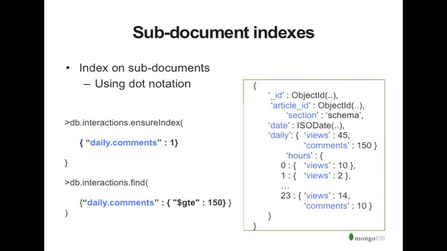So daily.comments using the dot notation, I'm looking for greater than or equal to 150. So in this case, to help the query perform better, I may want to add an index on daily.comments, so dot notation is supported in MongoDB to add an index on a subdocument field.